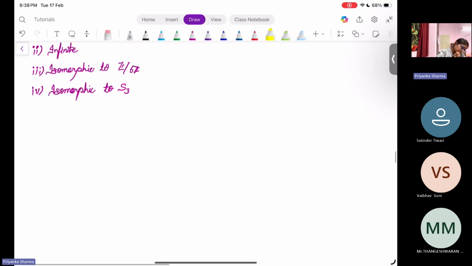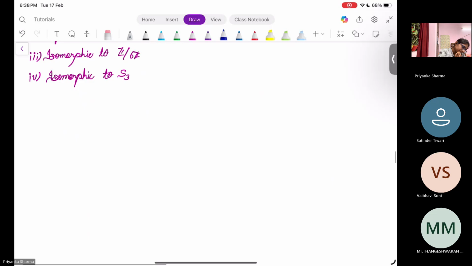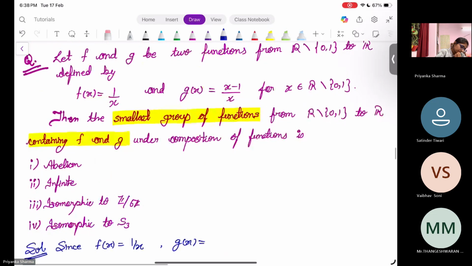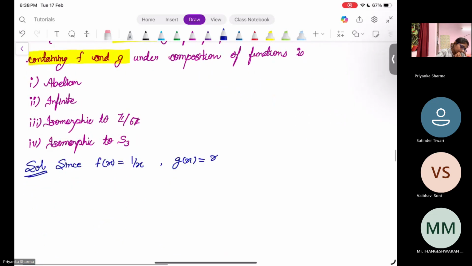So let's do it. f of x is 1 by x and g of x is (x minus 1) over x.